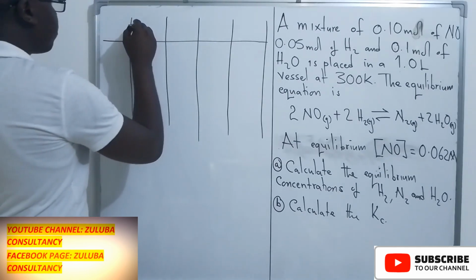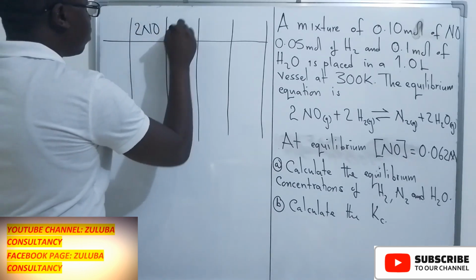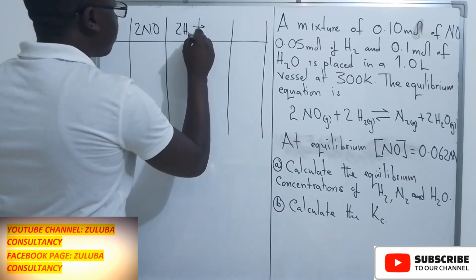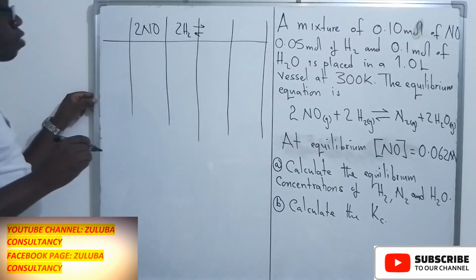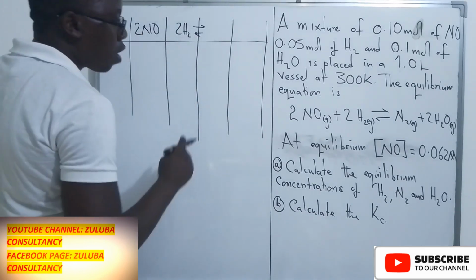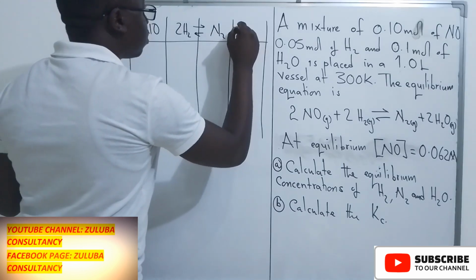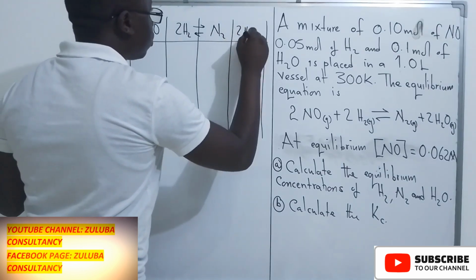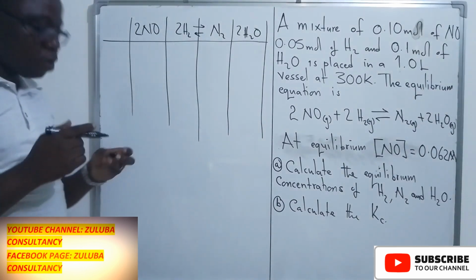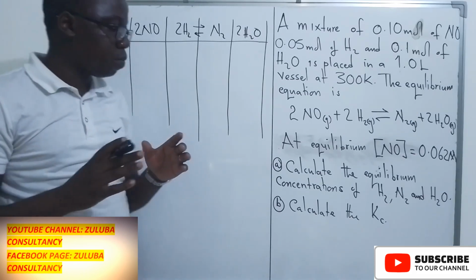So we have this one, then we have this one, then we have the arrows showing that these two are the reactants, then the other side we have the product, N2 and 2H2O. So this is the table that will help us to answer this question correctly.